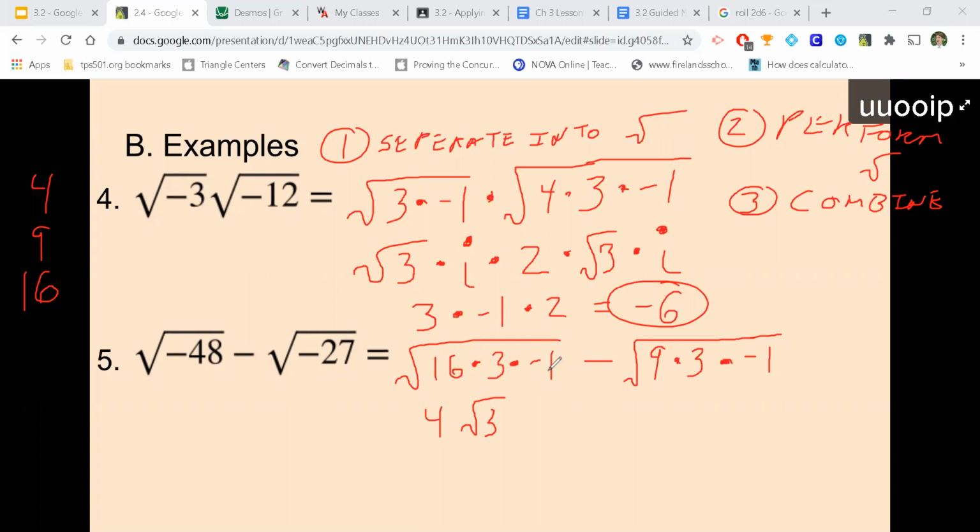And then the square root of negative 1 is i. Square root of 9 is 3. Square root of 3, I just leave as it is. And then the square root of negative 1 is i.